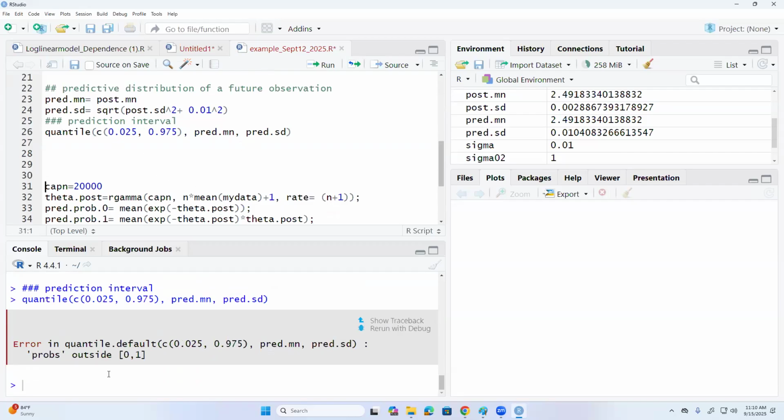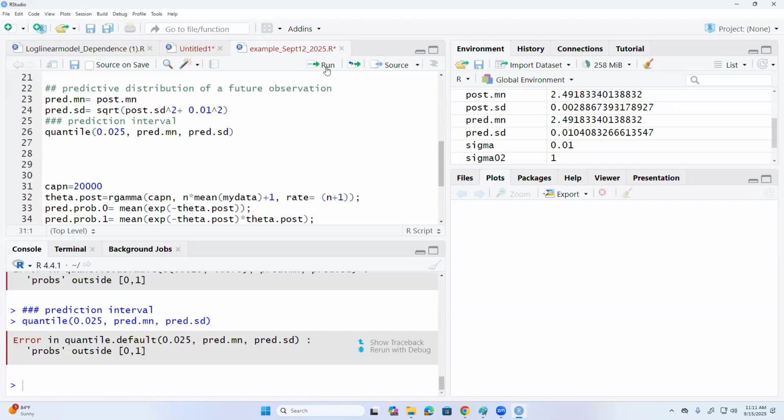What happened? Oh, yeah, exactly. Sorry. You are absolutely right. I am supposed to use qnorm function, not the quantile.